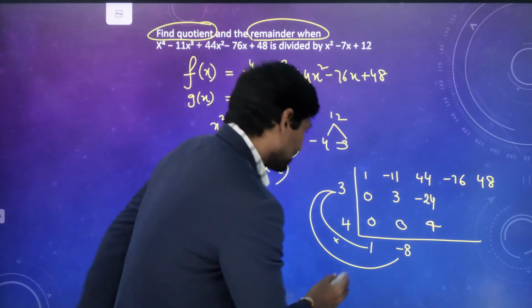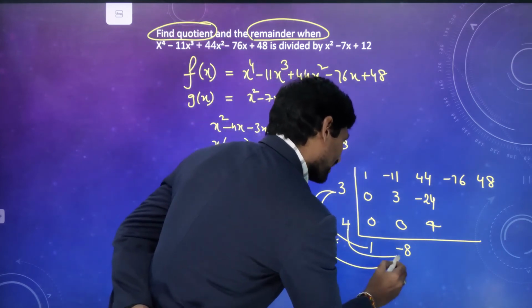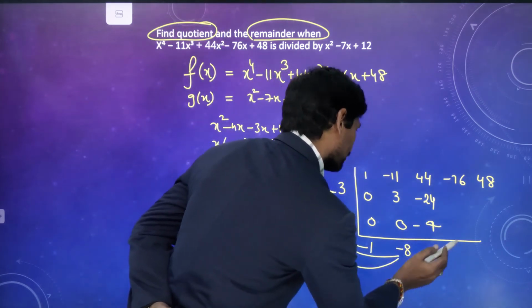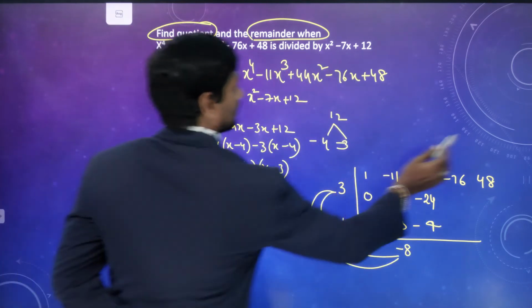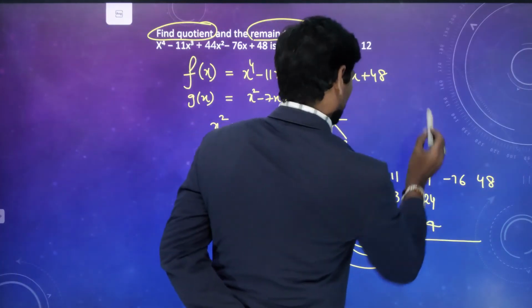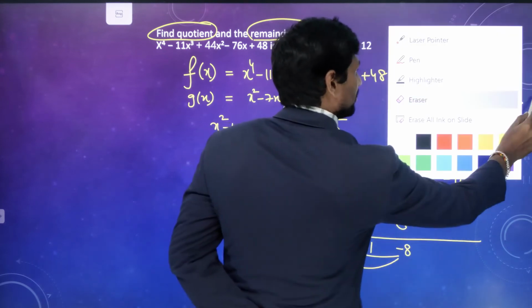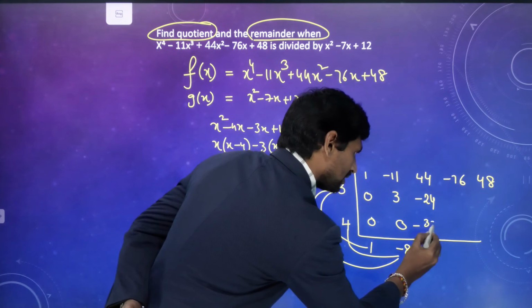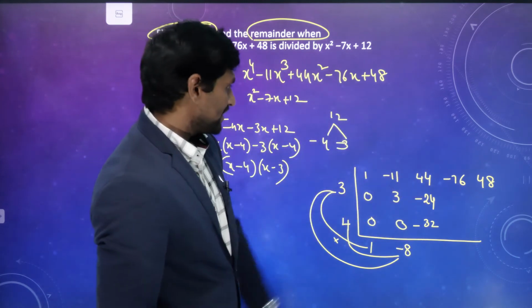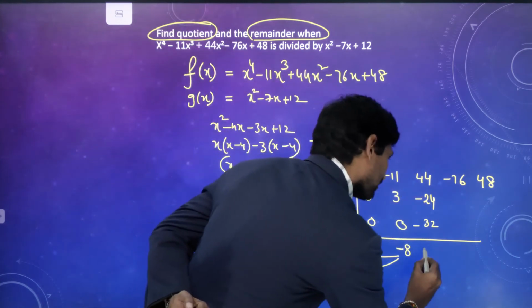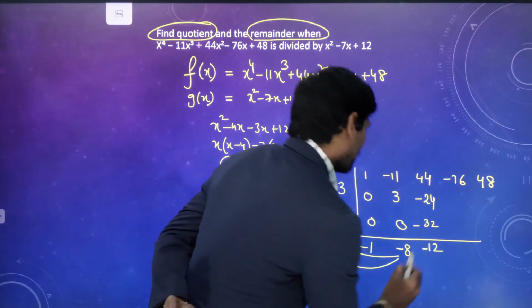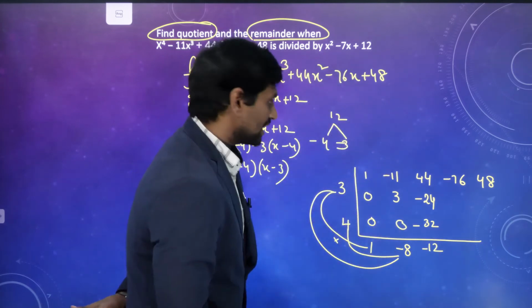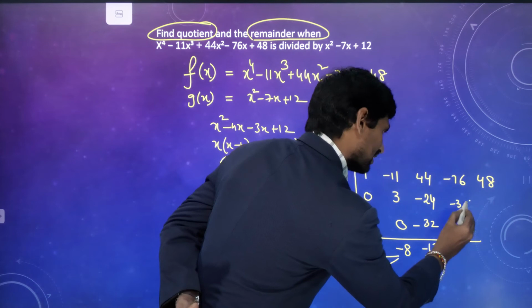Sorry, 4 into minus 8 is minus 32. So it will be minus 32. Right. So minus 56 plus 44 becomes minus 12. And 3 twelves are 36, minus 36 here.